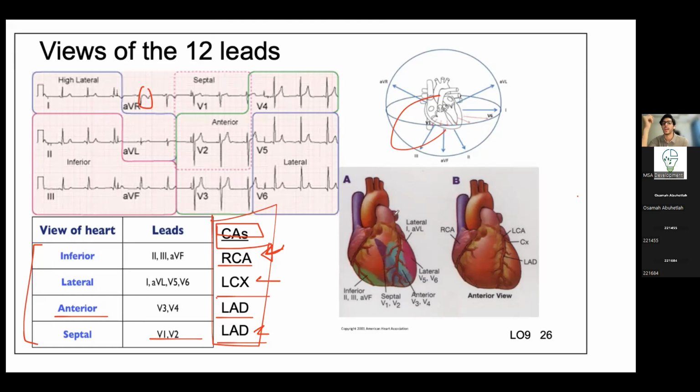Exactly. The lateral leads, so 1, AVL, V5, V6. So that represents that the lateral left side of the heart is more involved, and so probably the LCX artery is involved. And you can apply this to the other arteries as well, the LAD, the RCA, etc. Okay.